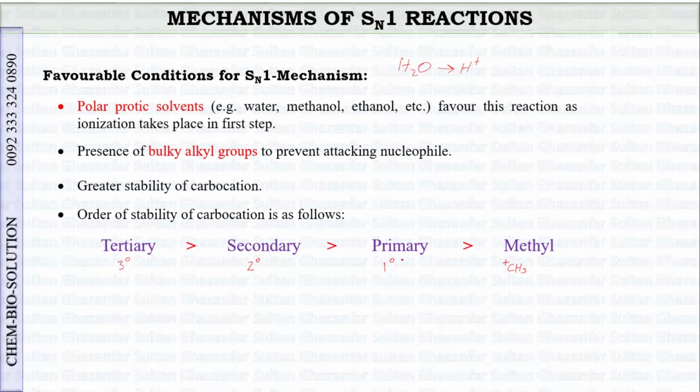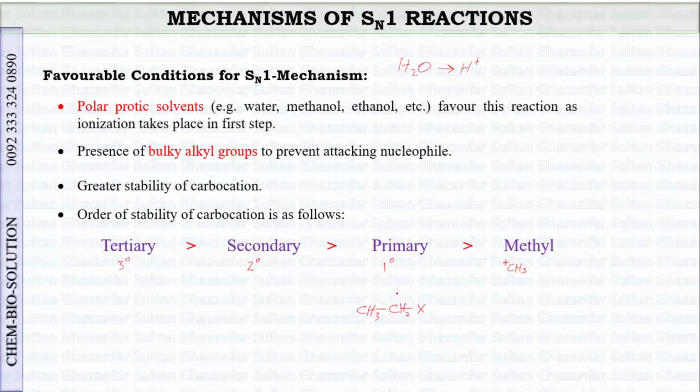But what are primary carbocations? Primary carbocations are those which have only one beta carbon. What is the beta carbon? The carbon atom where the functional group is bonded is called the alpha carbon.